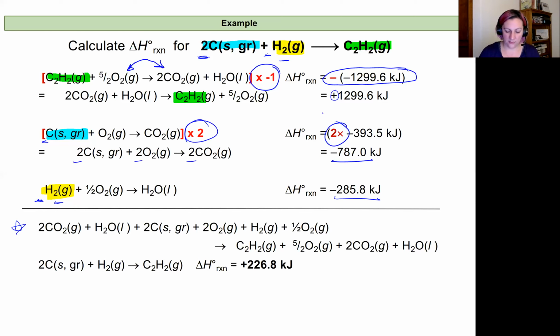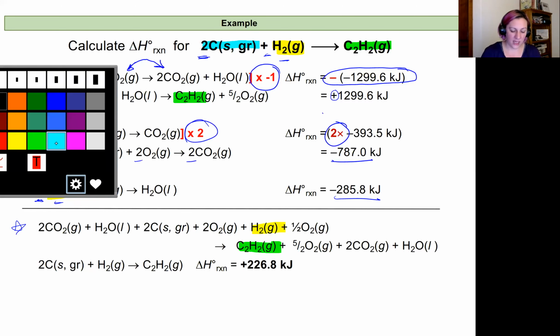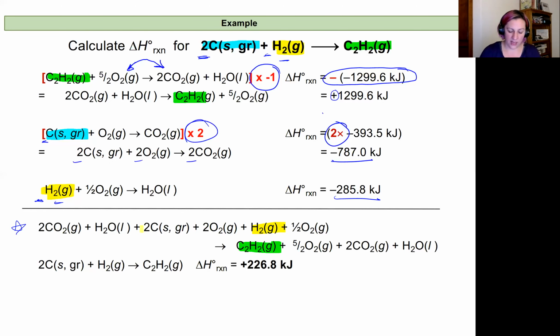So I have my C2H2, and I have my hydrogen gas, and I have my 2 carbon. So I have all the components of this reaction. Now the question is, does everything else cancel out, or am I left with other things? Because if everything else doesn't cancel out, then I'm not going to be able to calculate the enthalpy of the reaction I'm interested in. I'm going to have to go back to the drawing board.